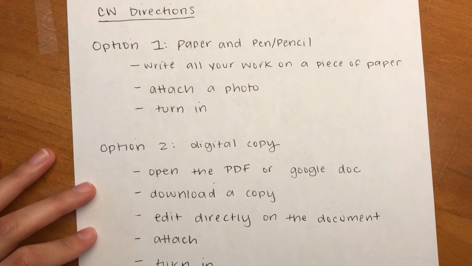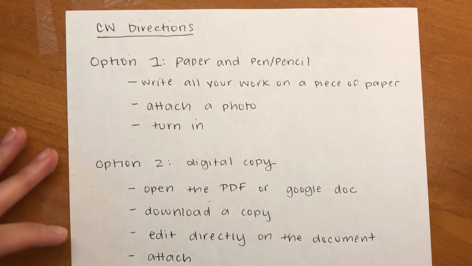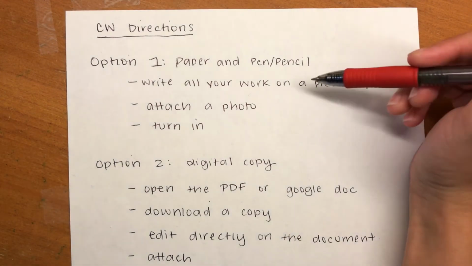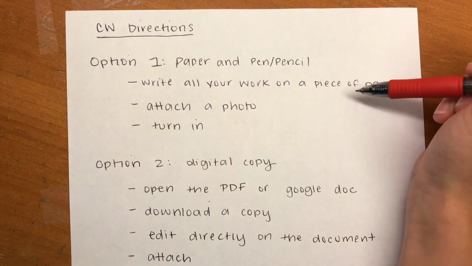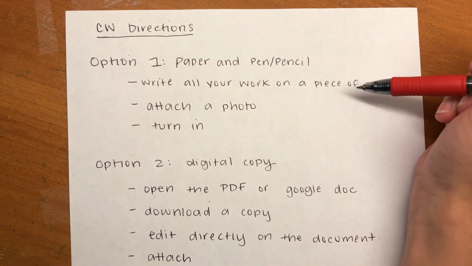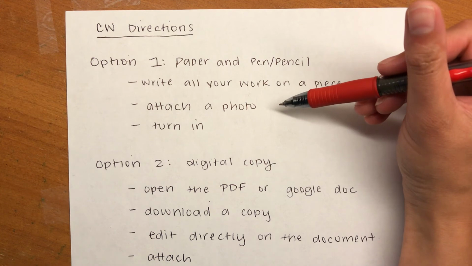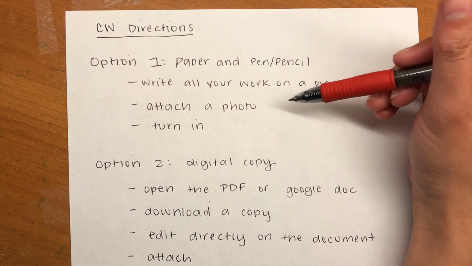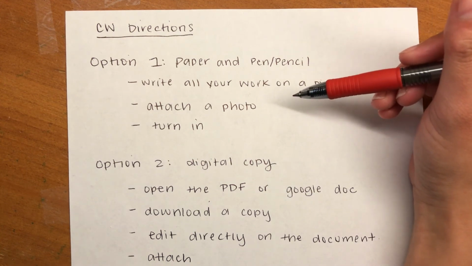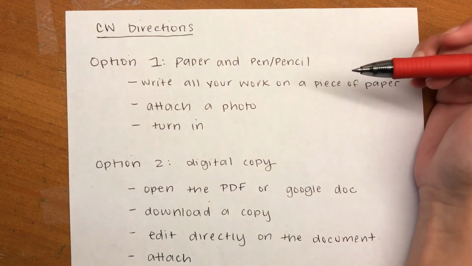Then you can take a picture and upload it to this assignment in Google Classroom, okay? There's a place in each assignment where you can attach a file, and you should be able to choose a photo from your phone to attach. And then you hit turn in.